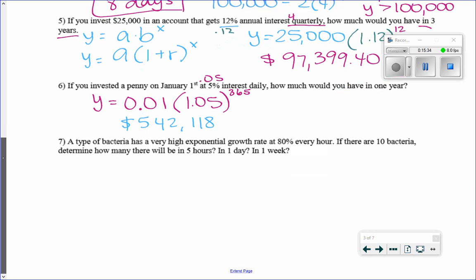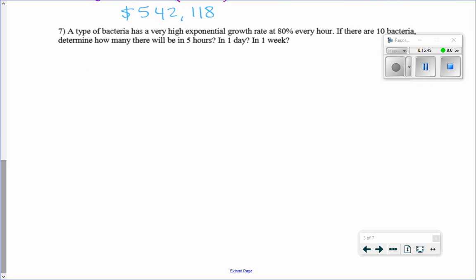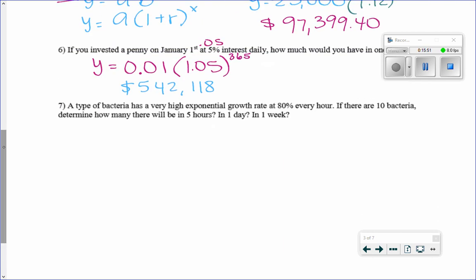All right, the last one on this page, it says a type of bacteria has a very high exponential growth rate at 80% every hour. If there are 10 bacteria, determine how many there will be in 5 hours, in a day, in a week. So let's start with 5 hours. So for 5 hours, that's going to be our exponent. What's our A initial value? 10.